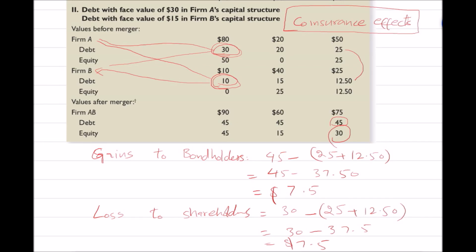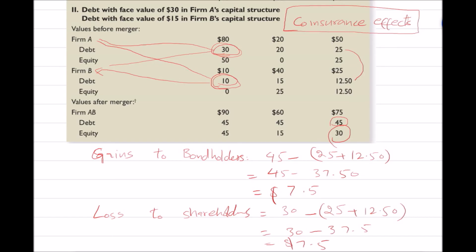So the loss of shareholders is actually a gain to bondholders, because the merged firm has low risk, therefore bondholders are getting extra money at the expense of shareholders.